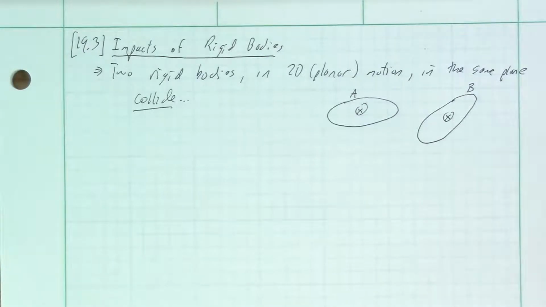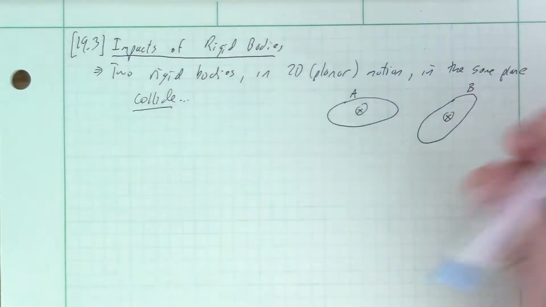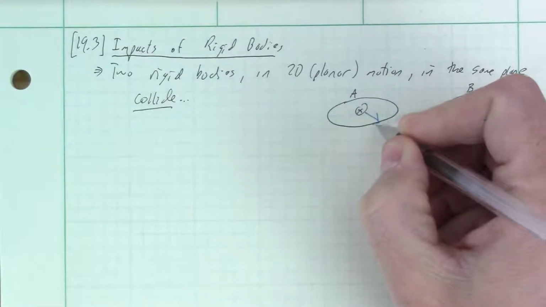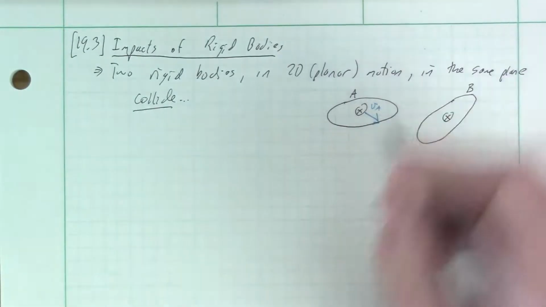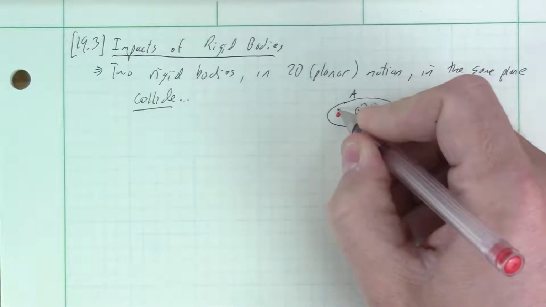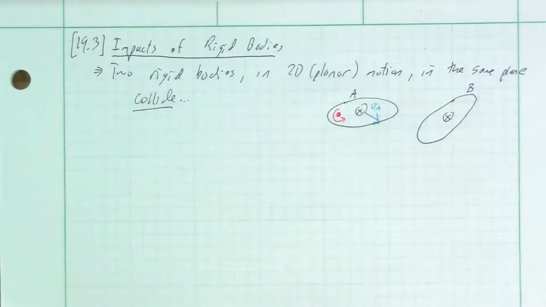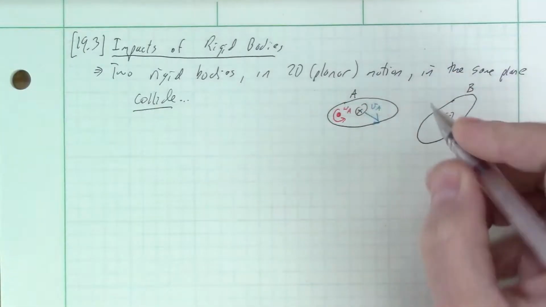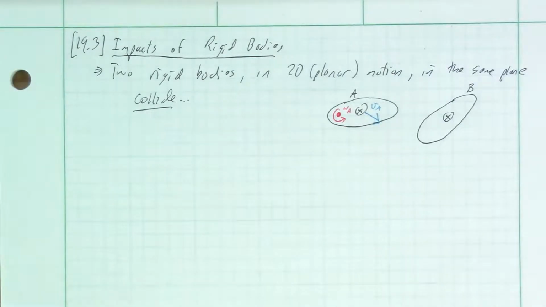So let's say their velocities. Maybe A's center of mass is moving this way, and then there's a rotation about that point currently for A. So this would be omega A with velocity of A there.